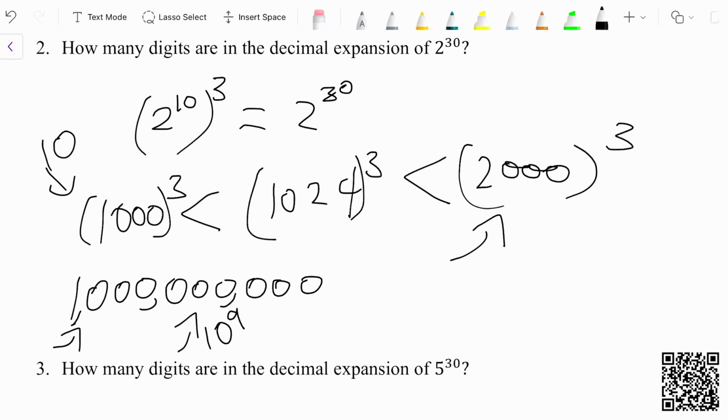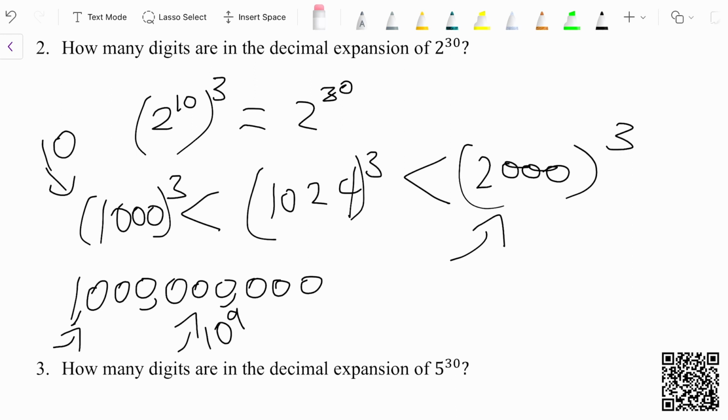And now we look at 2000, and you might be like, oh, it's going to be a ton bigger than 1000 to the power of 3. It technically is, but it doesn't exceed that much. So basically, we can break this down into 2 times 1000. Then we multiply the 2 to the power of 3, which is 8, and the 1000 to the power of 3, which we've already calculated, this monstrosity.